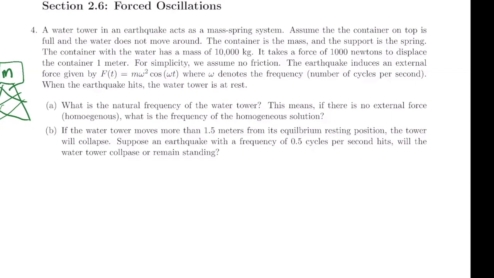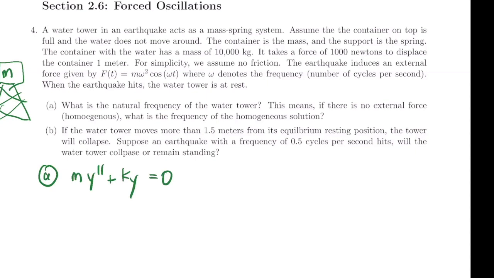Friction is kind of the least significant of the forces involved here, and so usually that doesn't impact things too much. But if you wanted to consider friction, you could certainly add that back in. So if we ignore friction, then we're working with this model.